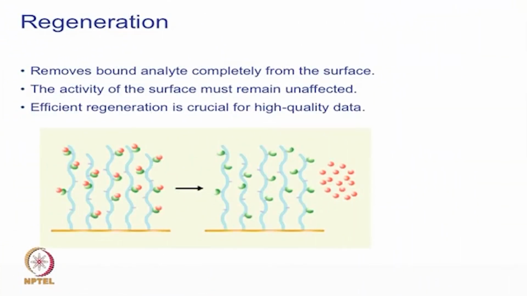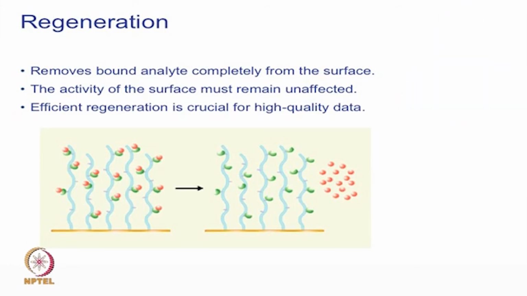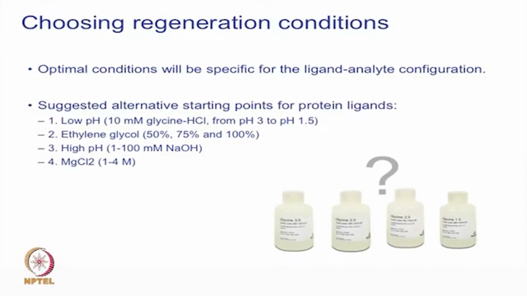Regeneration, as I just said, removes the bound analyte completely from the surface. The activity of the surface must remain unaffected after regeneration, and an efficient regeneration is crucial for high quality data. We need to test the regeneration surface. We can do a regeneration scouting before starting or developing an assay, and then identify the appropriate regeneration conditions.